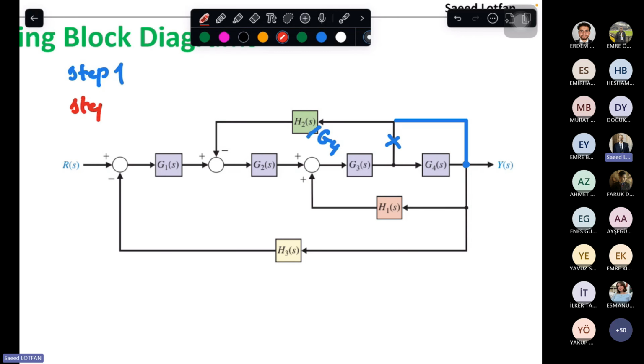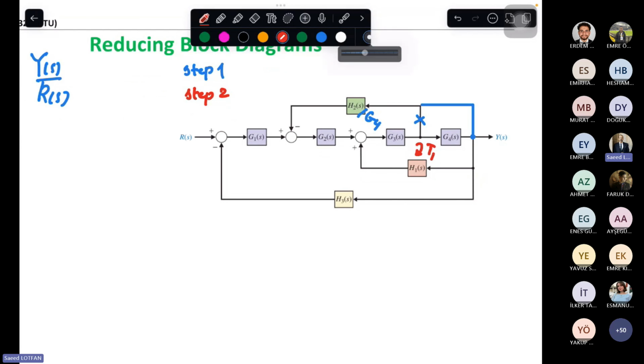Step 2. Now I have this part as a feedback. If I call this here T1, T1 would be the feedforward G3, G4 divided by 1.